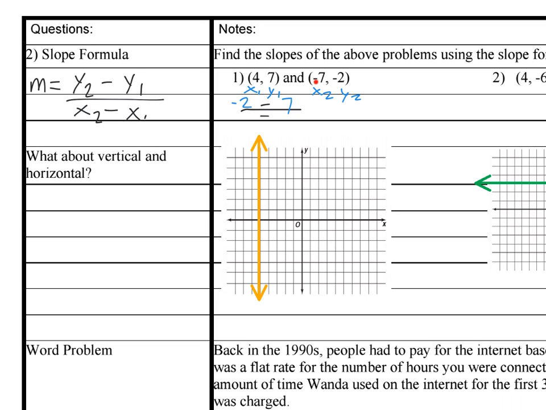Here's x2, so I'm going to put negative 7 here. Next I need x1, so I look for x1, that's here, and it's 4, so I'll put 4 here. Then we just simplify top and then bottom, so negative 2 minus 7 more is negative 9. And then negative 7 minus 4 more is negative 11. But negative divided by negative is positive, so our slope is 9/11.